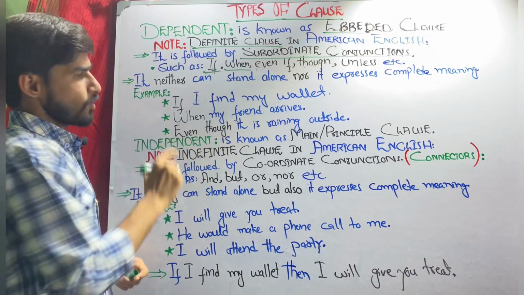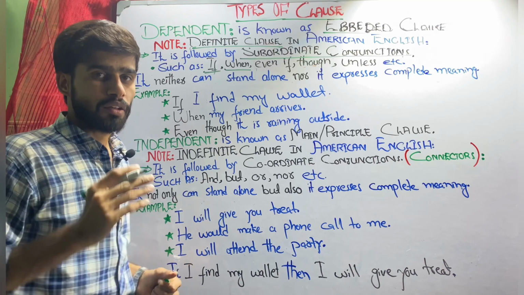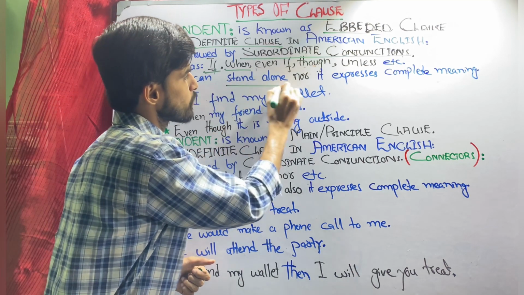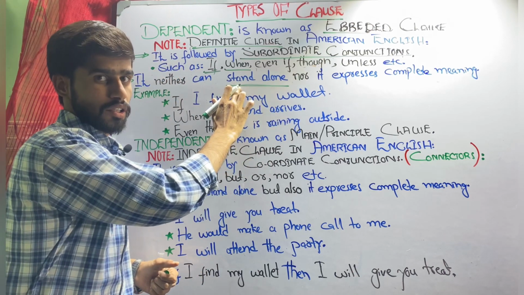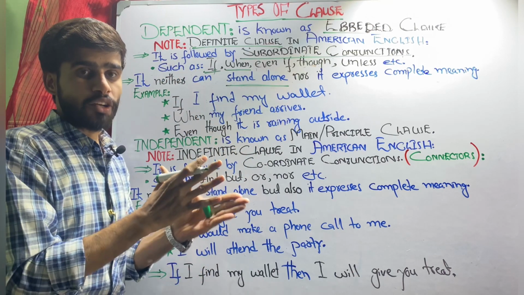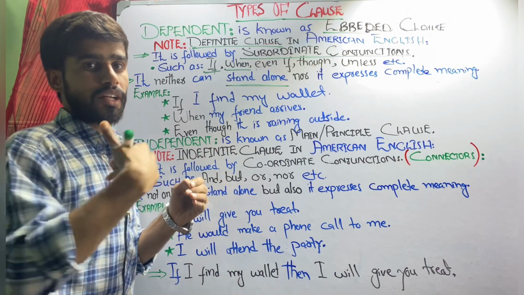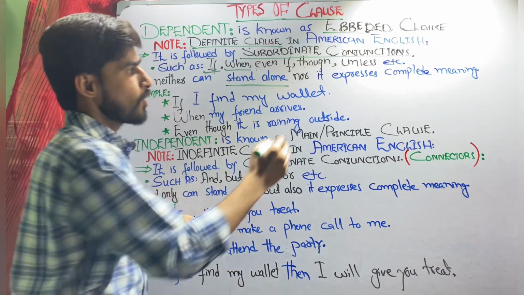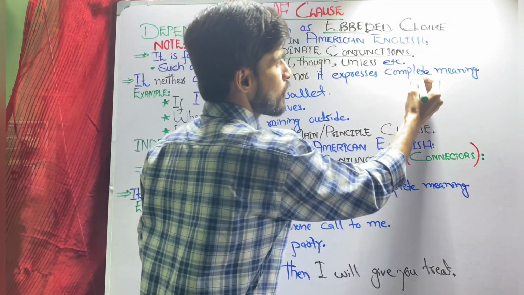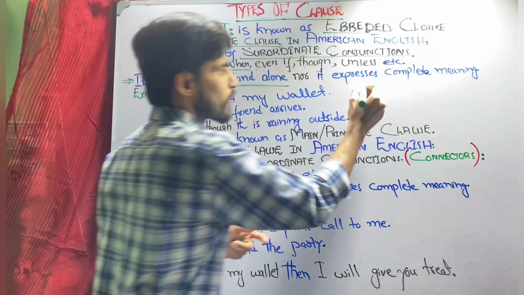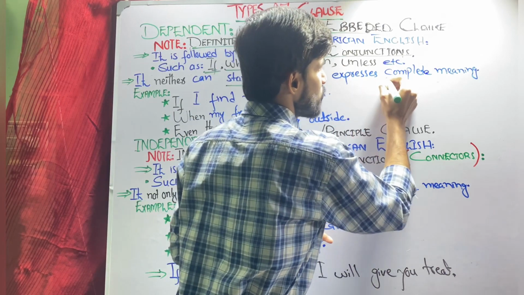A dependent clause cannot stand alone, which means it cannot be a sentence by itself, nor can it express complete meaning.